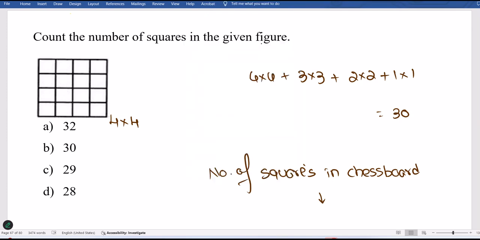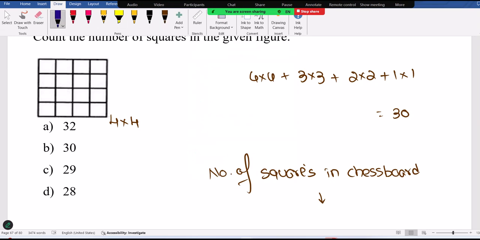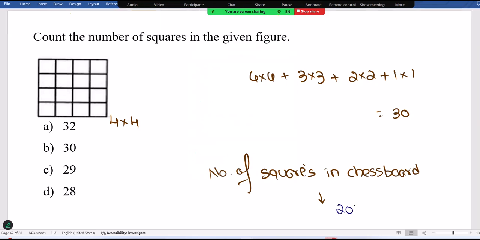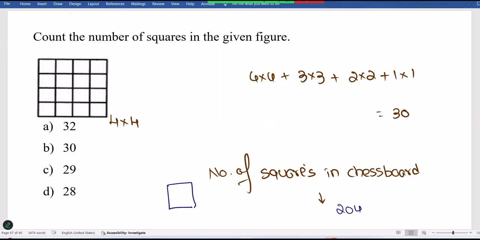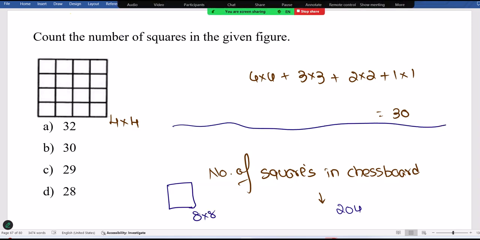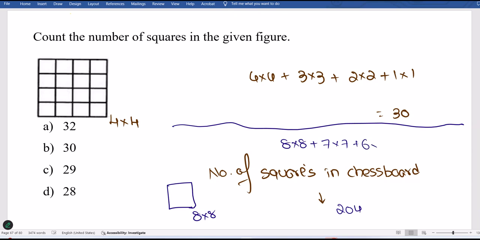Number of squares in a chessboard. 64 is a blunder. The answer is 204. A chessboard has 8 rows and 8 columns. So we have to do 8 into 8, 7 into 7, 6 into 6, and so on up to 1 into 1.